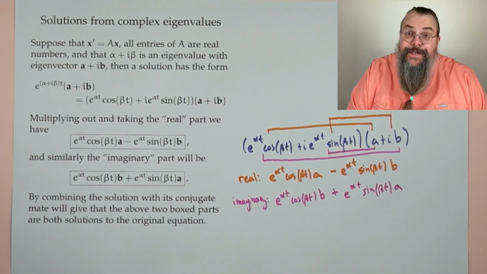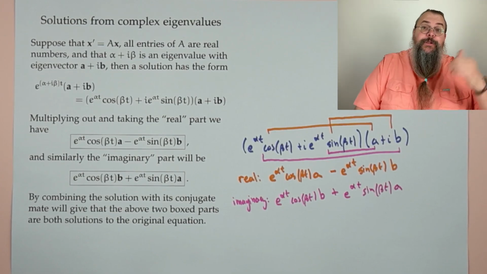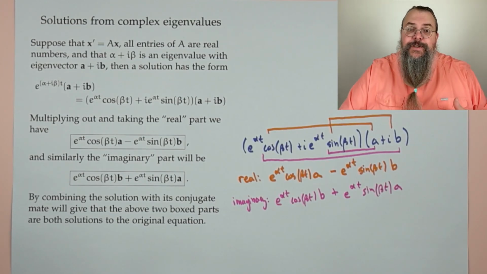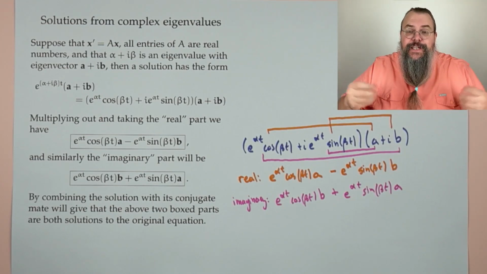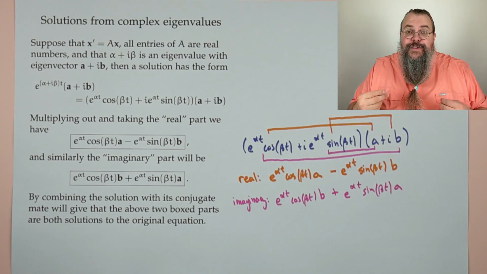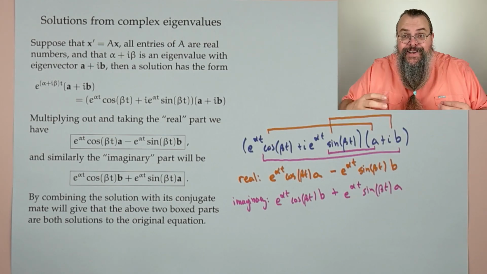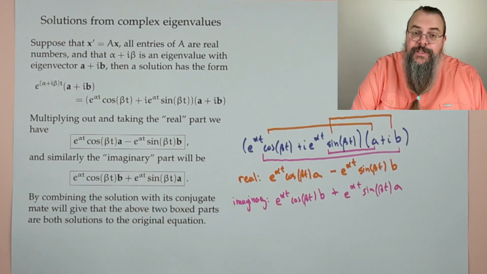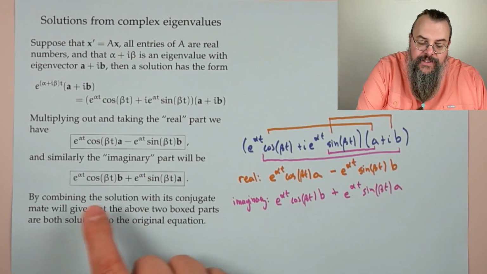And now, here's the punchline. Think back to constant coefficient differential equations. We said we split it into the real part and the imaginary part, and those became our solutions. Same idea. So our real part is a solution, and our imaginary part is a solution.